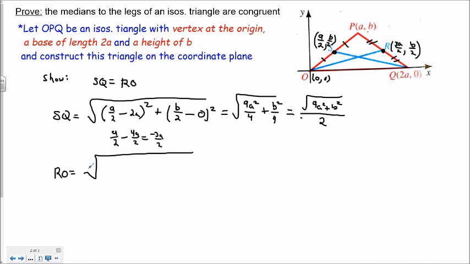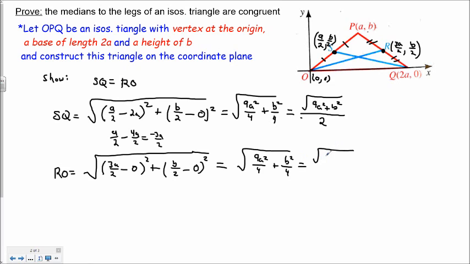I'll start with R, and I'll have 3A over 2 minus the x-coordinate of O, which is 0, squared, plus the y-coordinate of R, which is B over 2, minus the y-coordinate of O, squared, which again gives me the square root of 9A squared over 4 plus B squared over 4, which we also know reduces to the square root of 9A squared plus B squared all over 2.